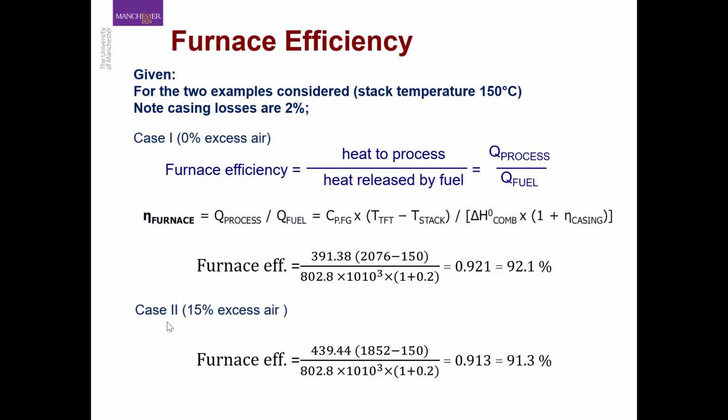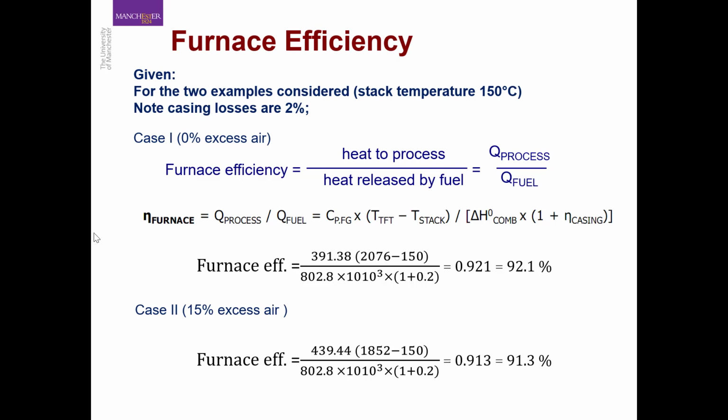And now if you look at case 2, where you have 15% excess air, we have the Q process given by this equation, where the TFT is now 1852. We have the same stack temperature, and then we divide it by this value here, and we have the efficiency of the furnace, that is 91.3%.